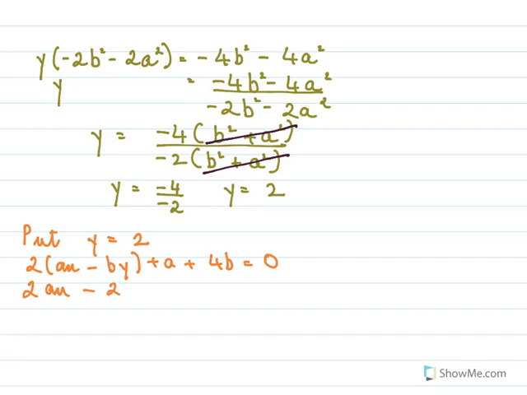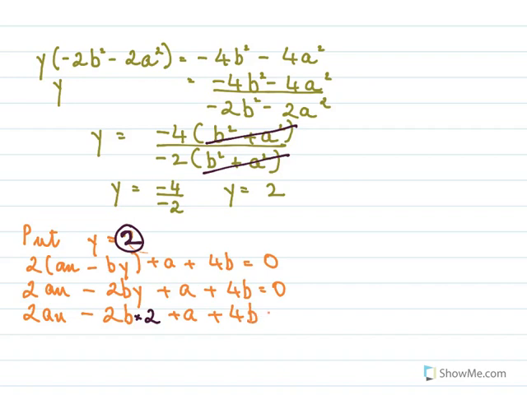Open the bracket, 2ax minus 2by plus a plus 4b equals 0. 2ax minus 2b, now for this y I am going to put 2 because I know y is equal to 2, and plus a plus 4b equals 0. 2ax minus 2b into 2 is minus 4b plus a plus 4b equals to 0.